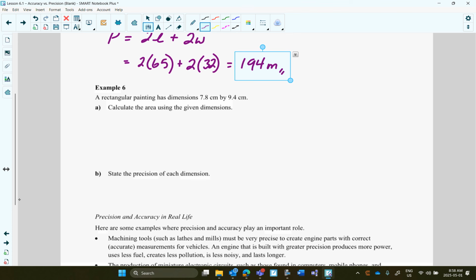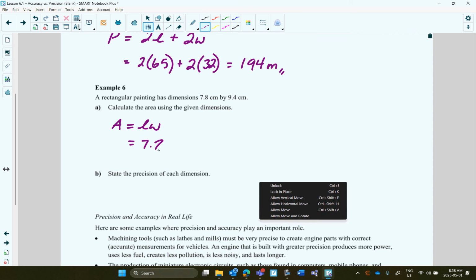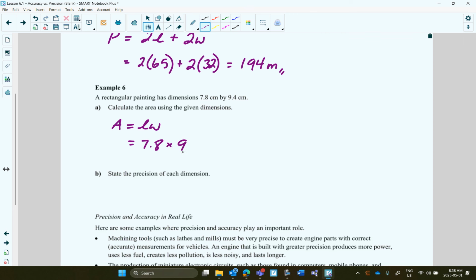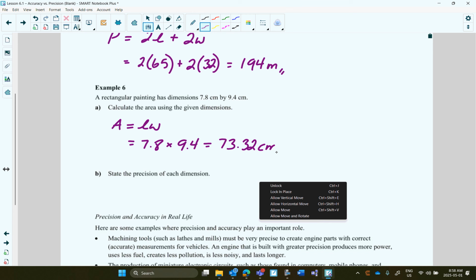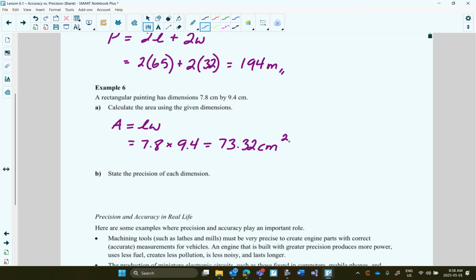Now we do length times width. So it'd be 7.8 times 9.4, and that answer would be 2 decimal places. 73.32 centimeters squared. Now make sure you answer the question that's being asked. State the precision of each dimension.